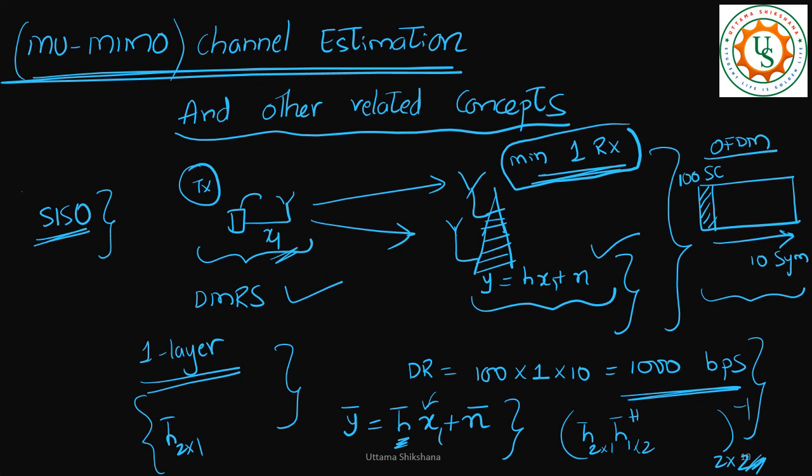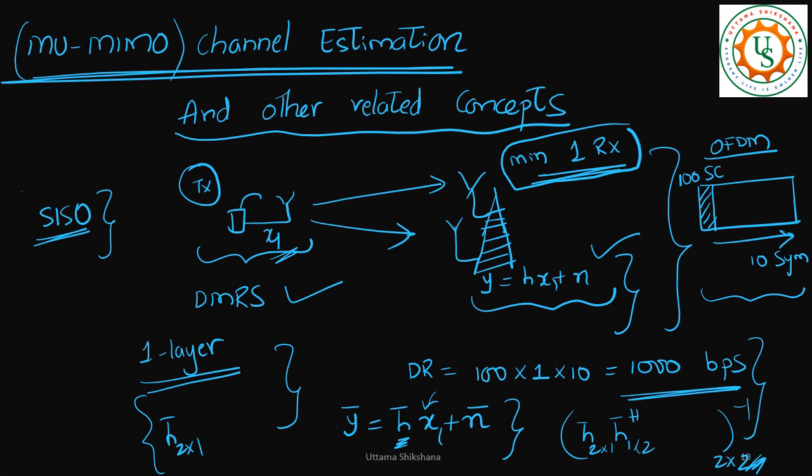This is when there is only one layer transmitted from the UE. At the receiver, we need a minimum of one RX antenna, but it can be more than that. For example, I just took two receive antennas, in which case we will have receiver diversity. Channel estimation will be simpler, and even MMSE IRC becomes a little more time consuming because of the 2 cross 2 matrix inversions.